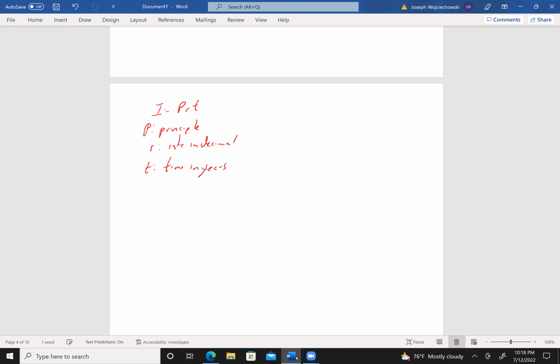So for given months, we have to convert it to years. Now, if there's a question that requires a formula such as this on the exam, the formula will be given to you. So let's look at our example here.